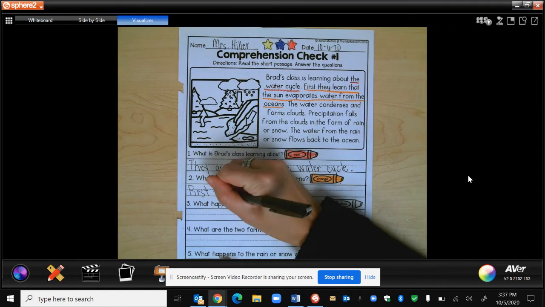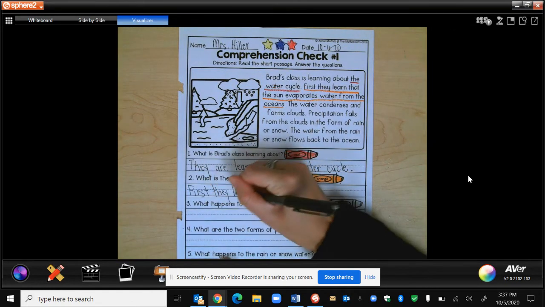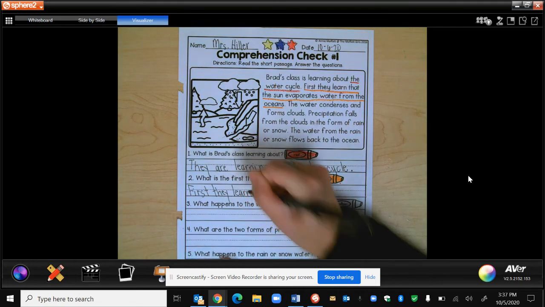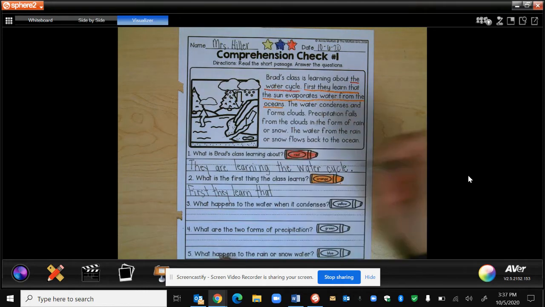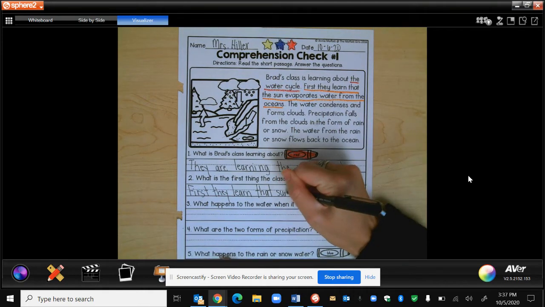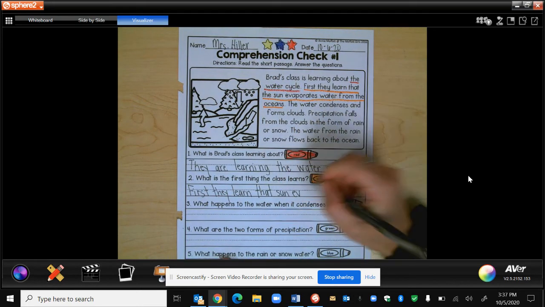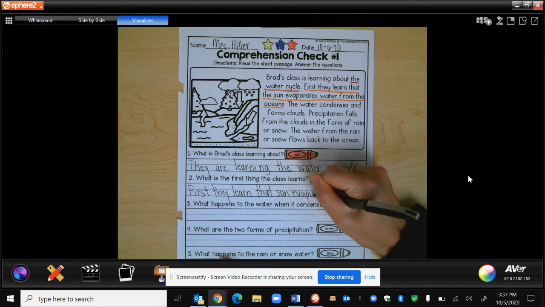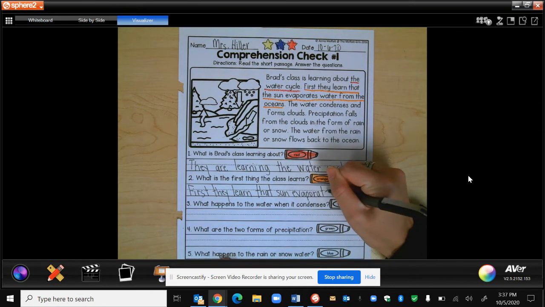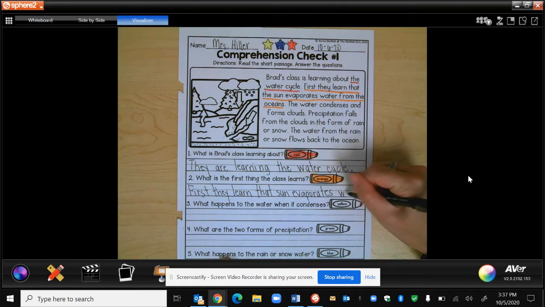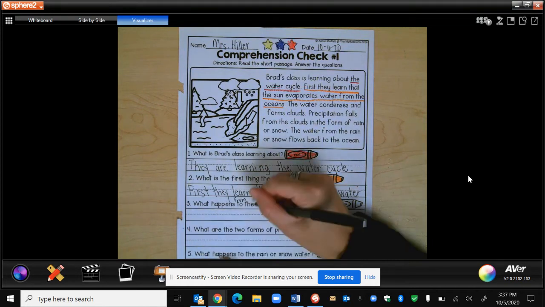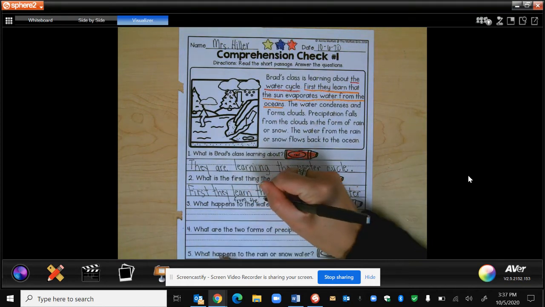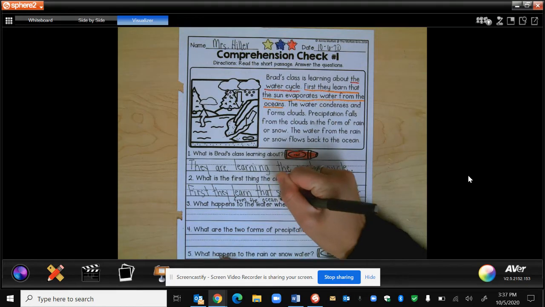First, they learn that sun evaporates water from the oceans. Period.